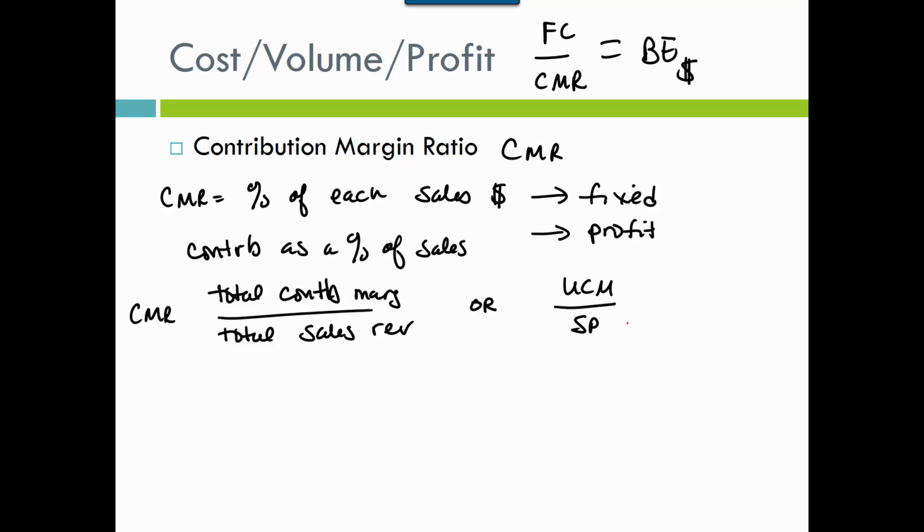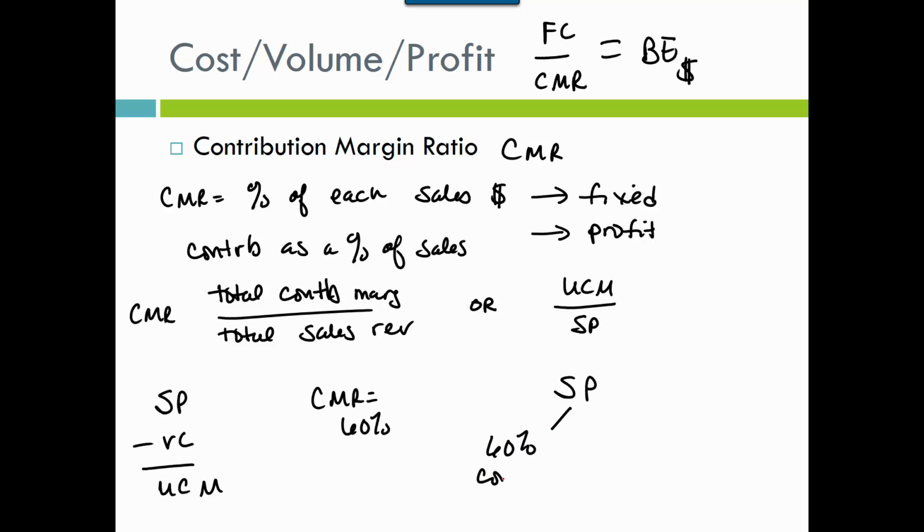This also defines a relationship that's important to understand. We said that the selling price minus the variable cost equals the unit contribution margin, so these three things have to add up. So if my contribution margin ratio is 60%, and you'll always see it as a percent, that tells me that of each sales dollar, 60% is going to contribution, which means 40% is your variable cost, because these three things have to add up.